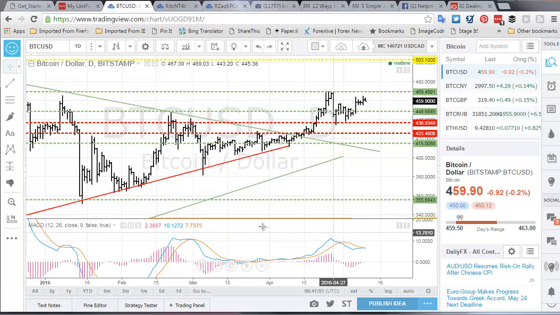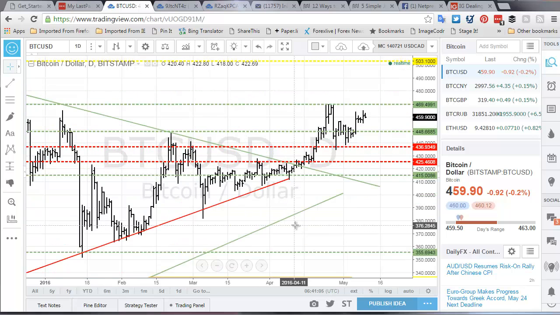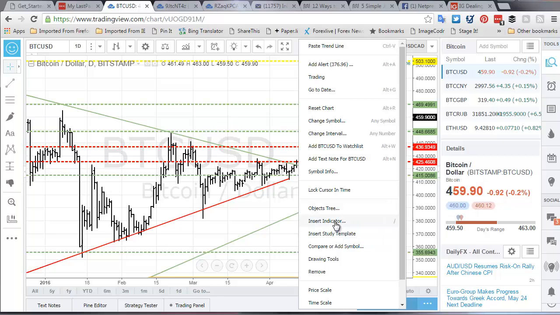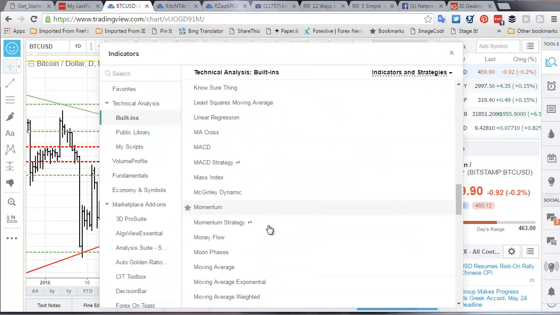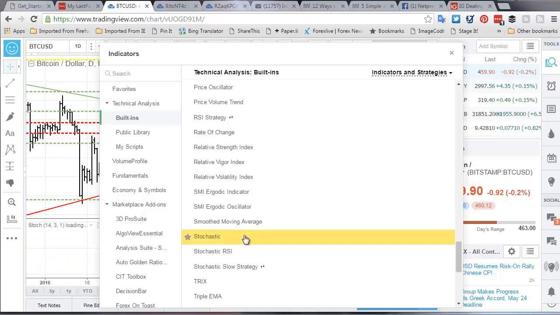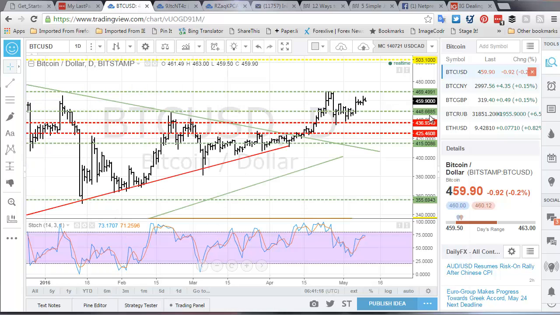Now if I have a look at the stochastic, just to see where we are compared to the risk of being overbought or oversold, we'll see here, remember last time we talked about this being overbought over here, pulled back beautifully, and we've turned, and it is now heading back into the overbought territory.